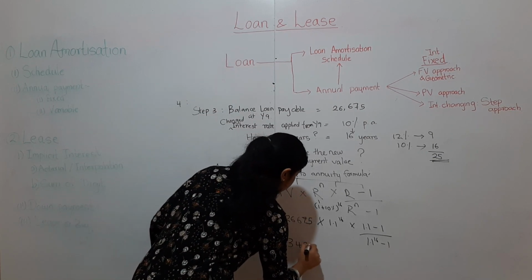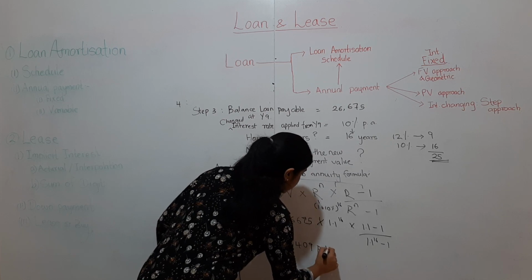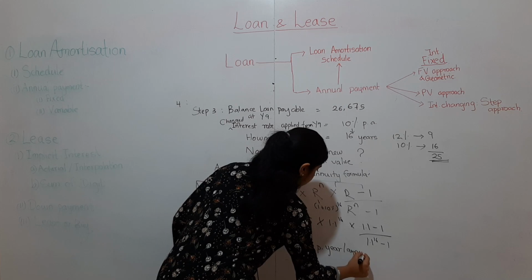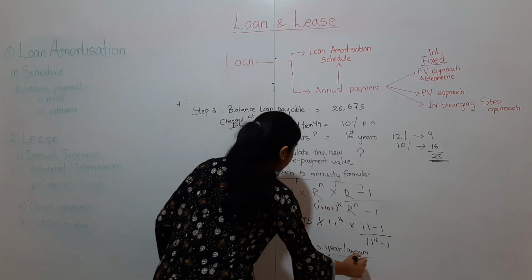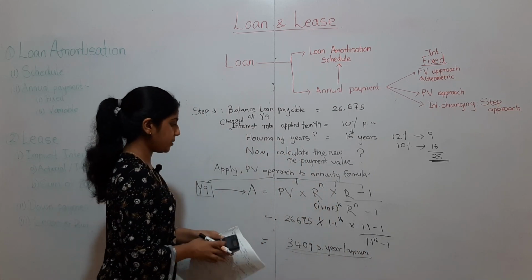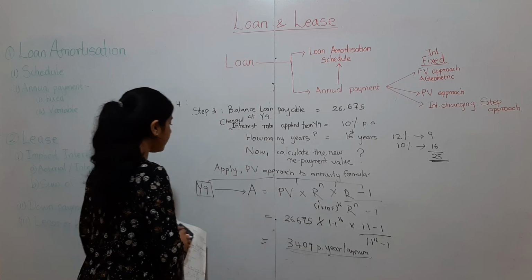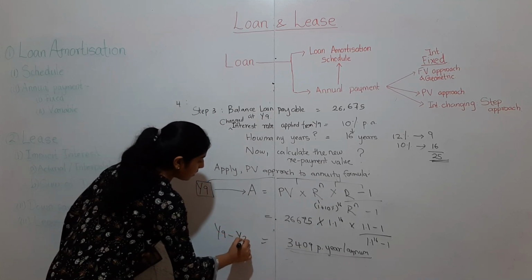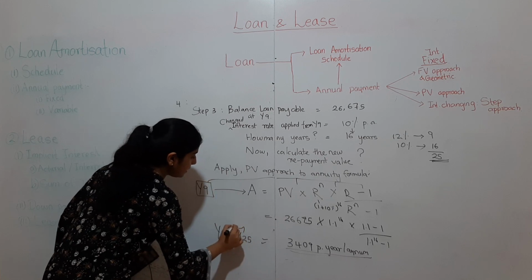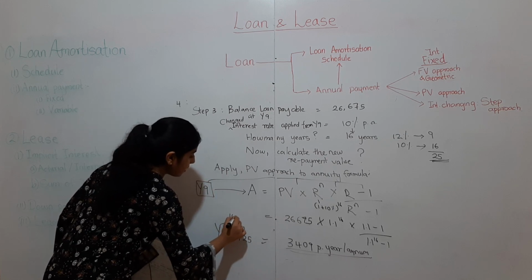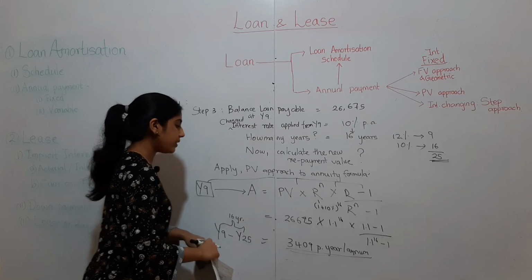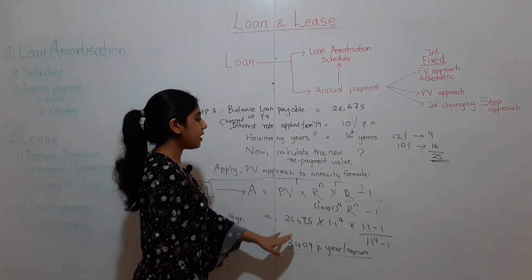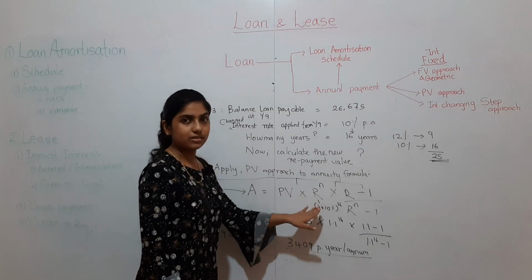$3,409 per annum, per year. This will be your repayment amount from year 9 to year 25, a 16-year gap. Why did we adjust the repayment amount? Because our interest rate changed.